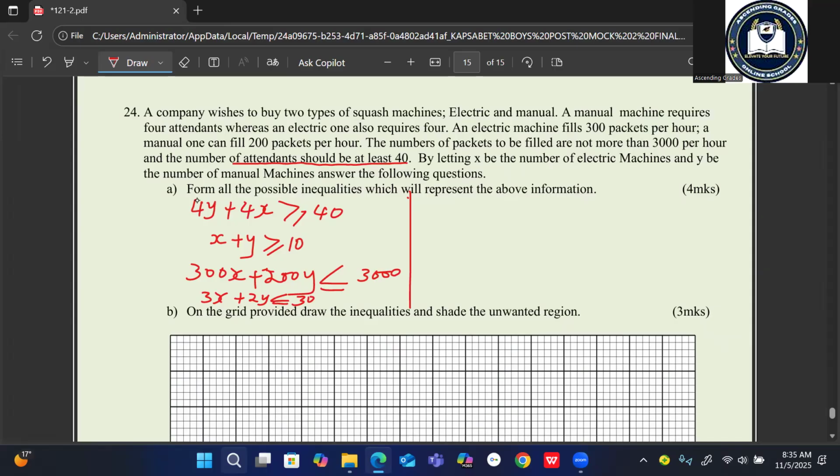So how do we represent that one? X should be greater than or equal to 0, and Y should be greater than or equal to 0. That one means that attendance are non-negative. There is no way that attendance can be negative.